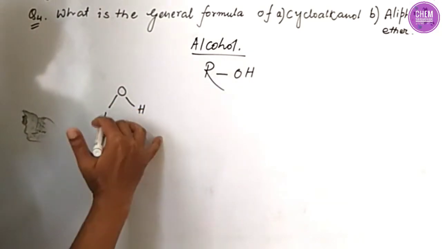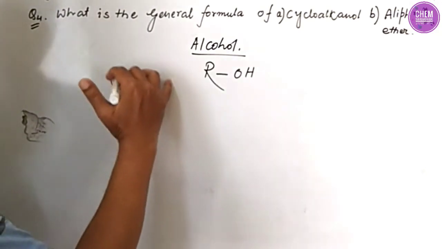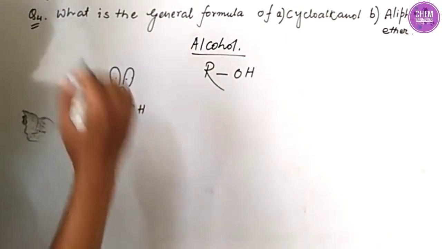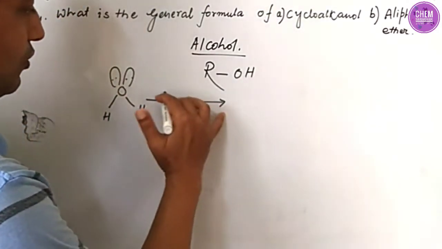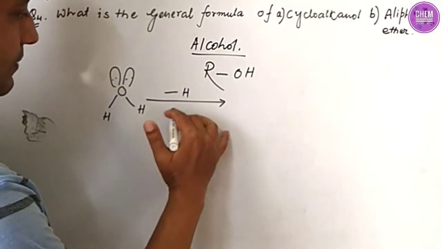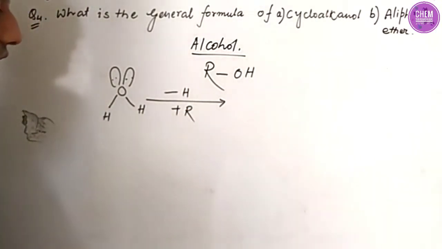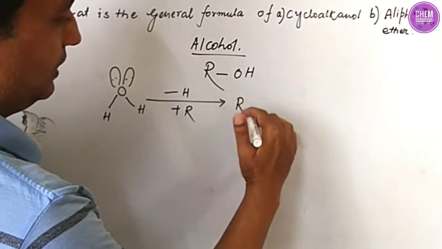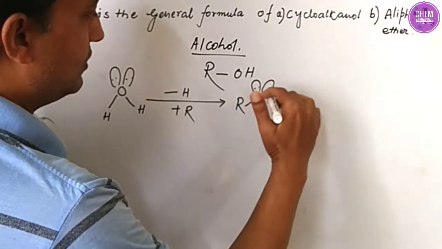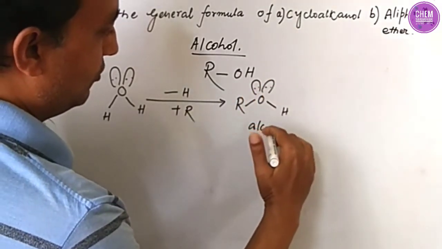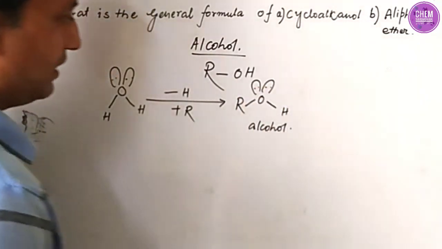Let us consider the structure of water having 2 lone pairs and 2 hydrogens. If one hydrogen is substituted with an alkyl group, then we get ROH and this is known as alcohol.